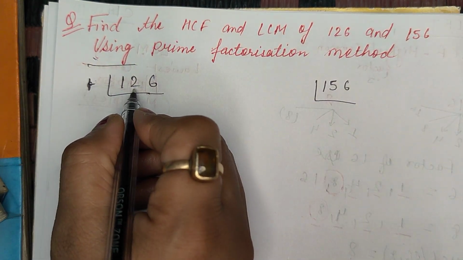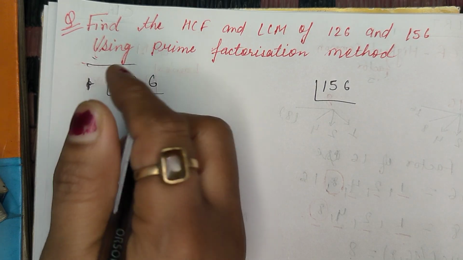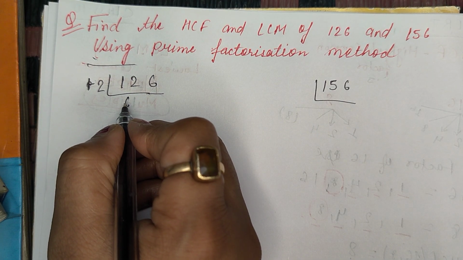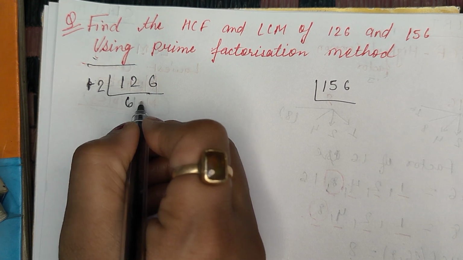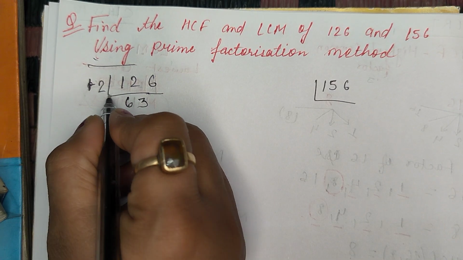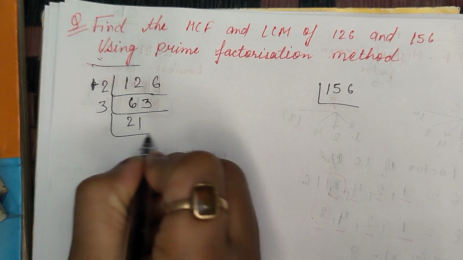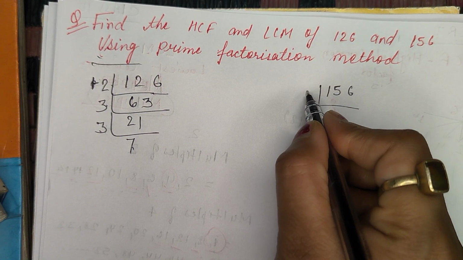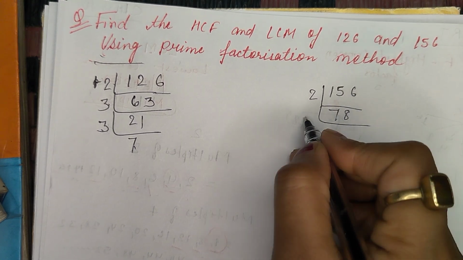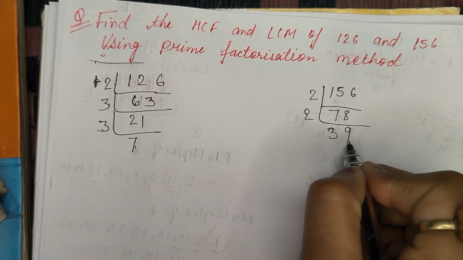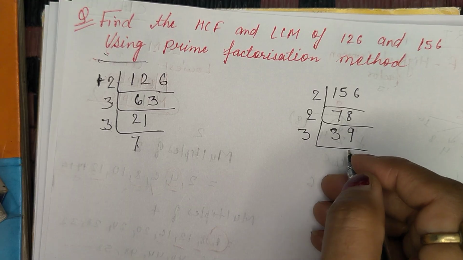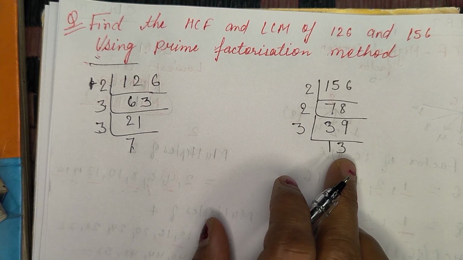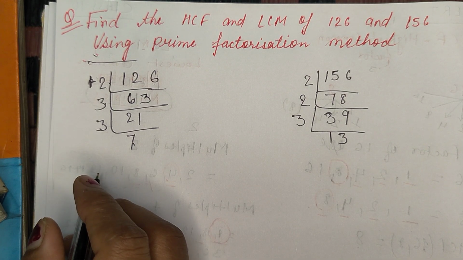We divide these numbers by a number which completely divides them. 2 divides 126, giving 63, and then by 3 we get 21, and then 3 and 7, so 126 is 2 into 3 into 3 into 7. Next, 156: 2 gives 78, again 2 gives 39, then 3 gives 13. 13 is a prime number, so it is not divisible by any number except one.